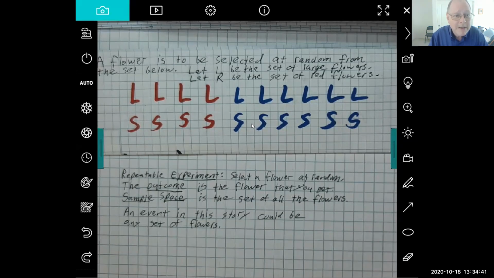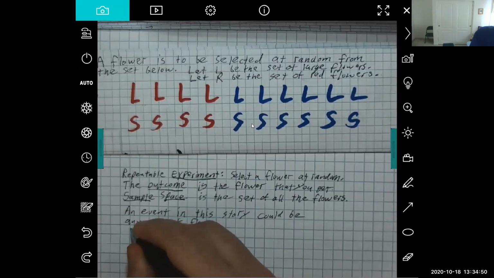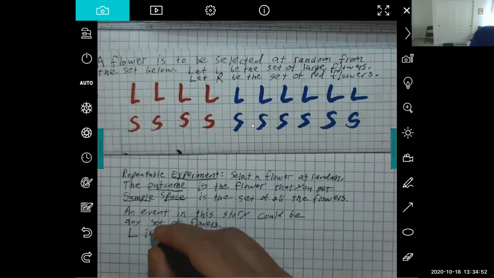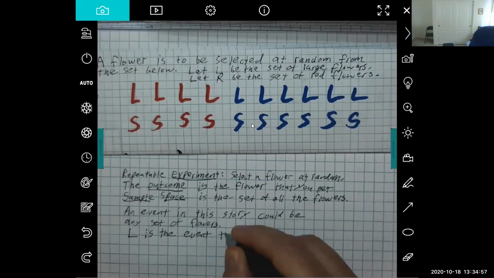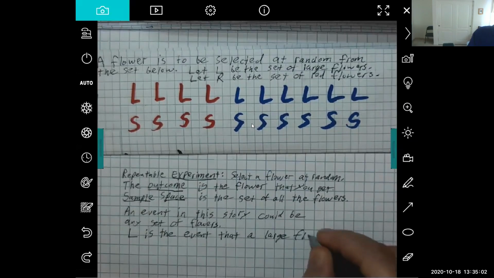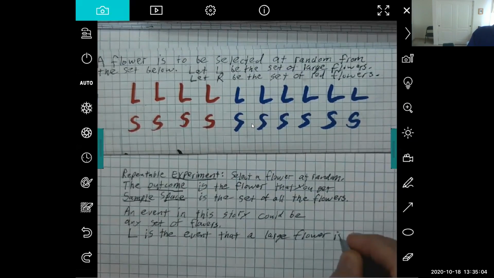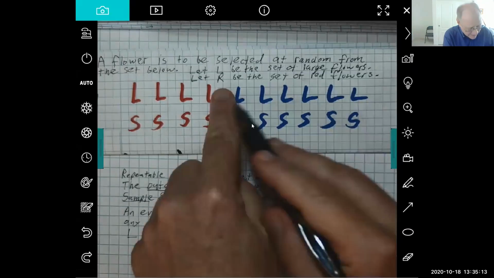The event has happened if you get one of the outcomes belonging to the set. Okay, so L's that set of flowers.